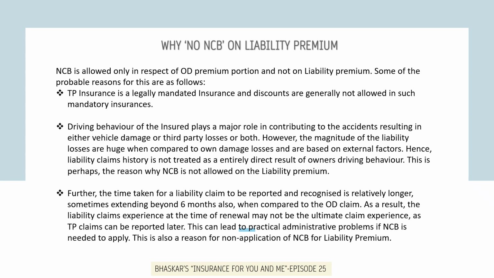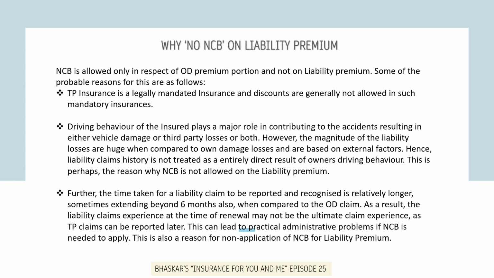Now, as we understood, the NCB is allowed only in respect of OD premium portion and not on liability premium. Some of the probable reasons for this are as follows. The TP insurance is a legally mandated insurance and discounts are generally not allowed in such mandatory insurances. The driving behavior of the insured plays a major role in contributing to the accidents, resulting in either vehicle damage or third-party losses or both.